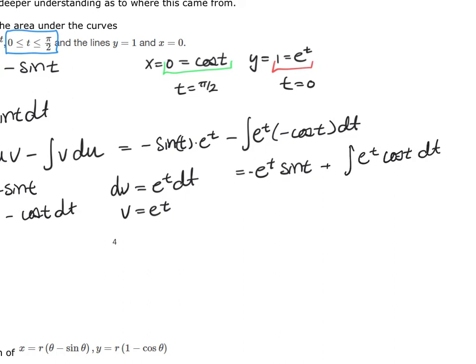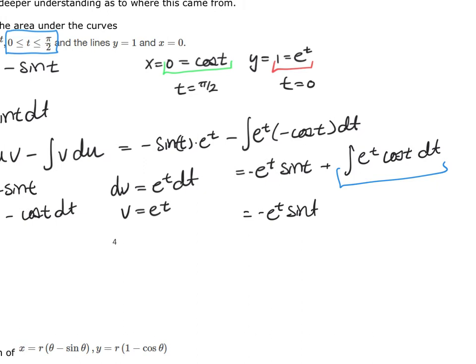And you're thinking, what? And I'm thinking, oh, look, we get to do this again. So we have to do the integration by parts yet again. If you remember from when we were doing this before, we would have ended up with something like this. By integration by parts the second time, we would have had negative e to the t, the sine of t.